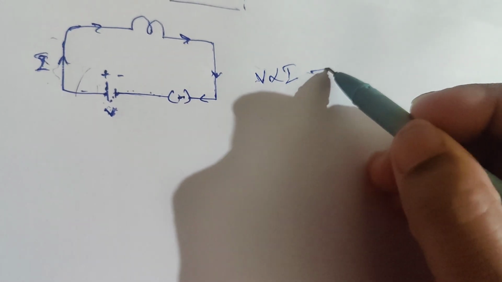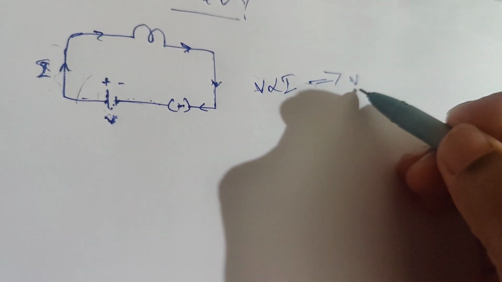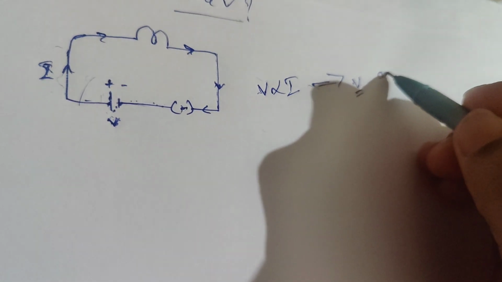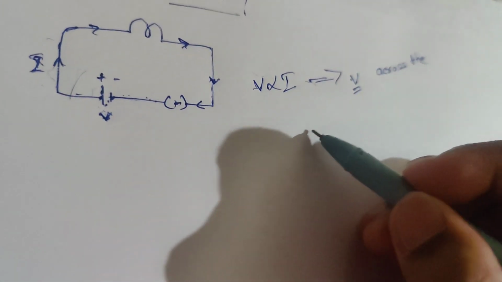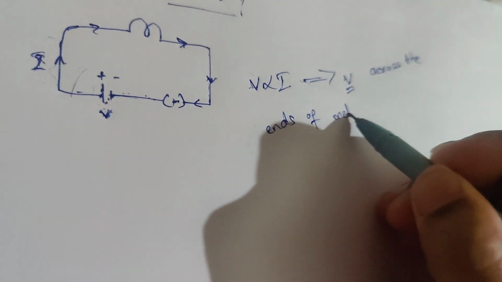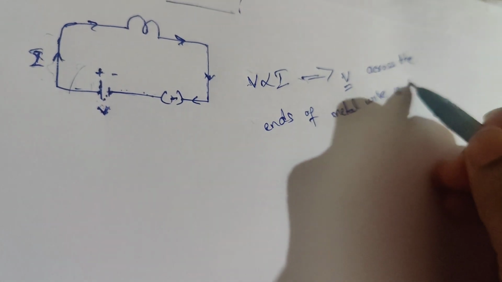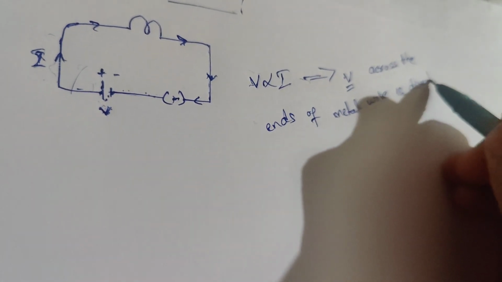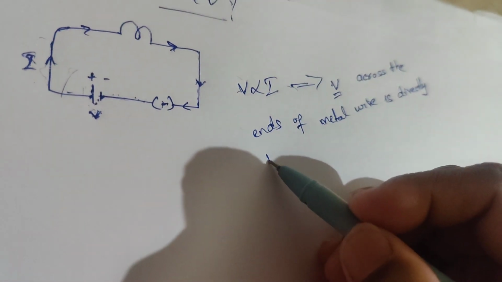Then let us write the correct definition. Potential difference V across the ends of a metal wire is directly proportional to the current flowing in the circuit, provided the temperature remains constant. Directly proportional means it depends directly: if potential difference increases, the flow of current also increases.